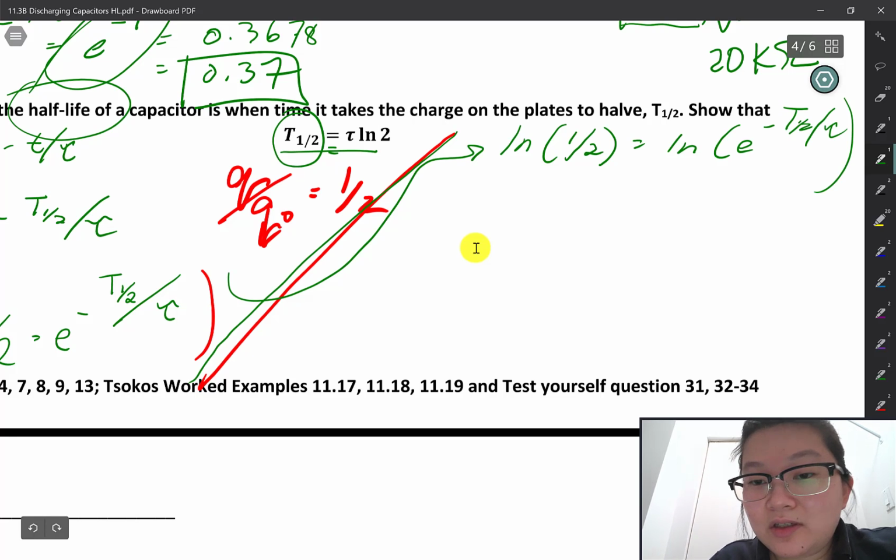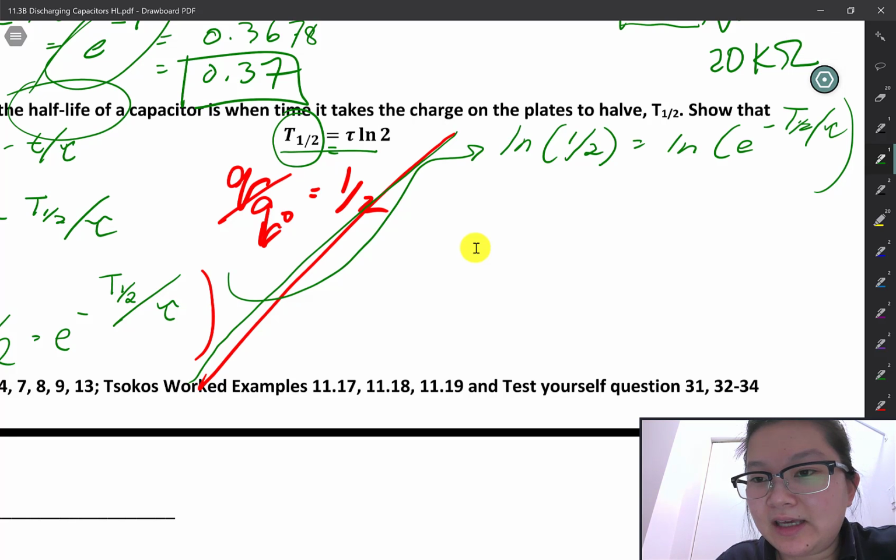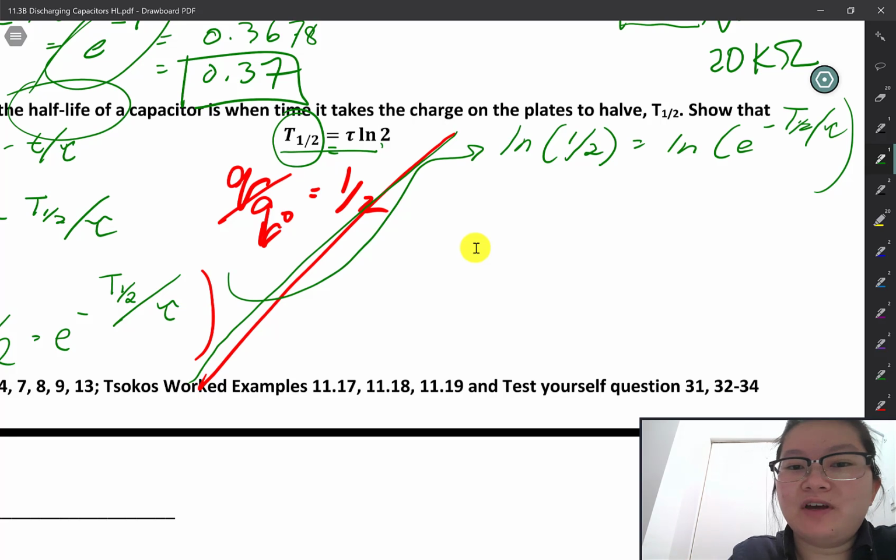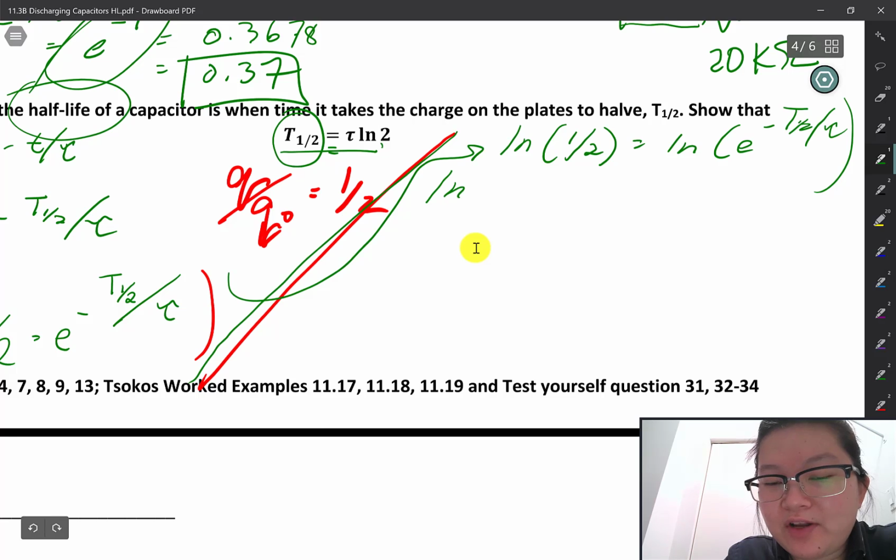How do I get this to look like that? First of all, this is going to simplify. And since I want ln of 2, I don't want ln of 1/2. But I could do this: 1/2 is essentially 2 to the power of negative 1, right?